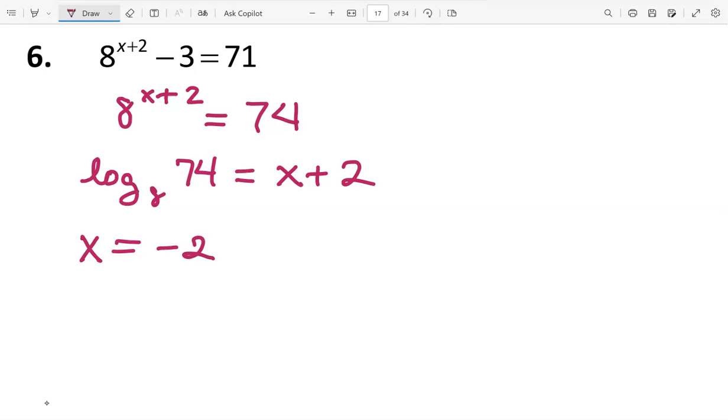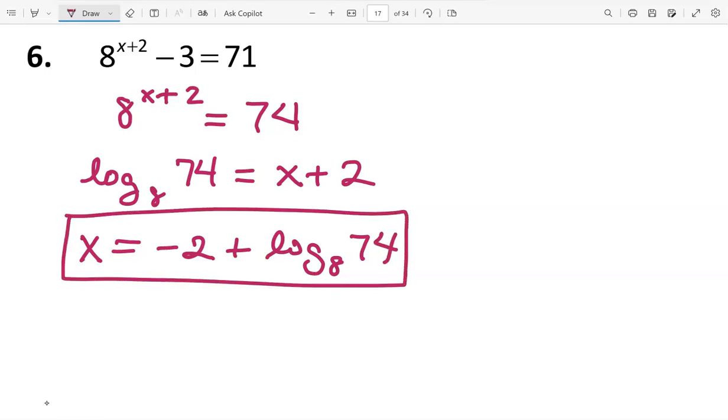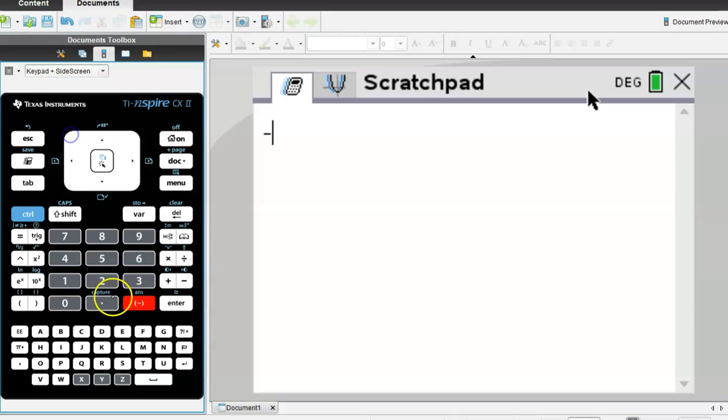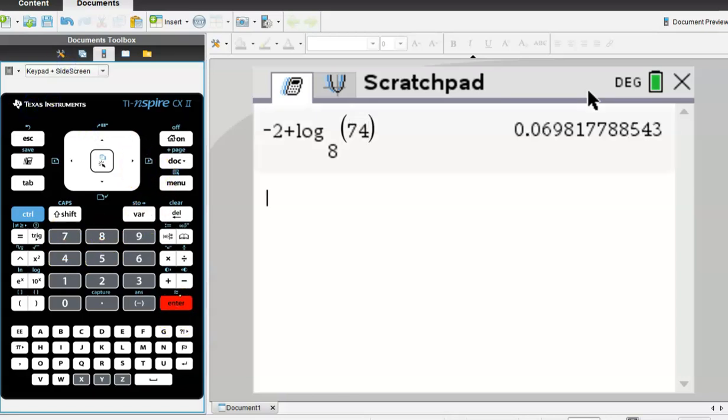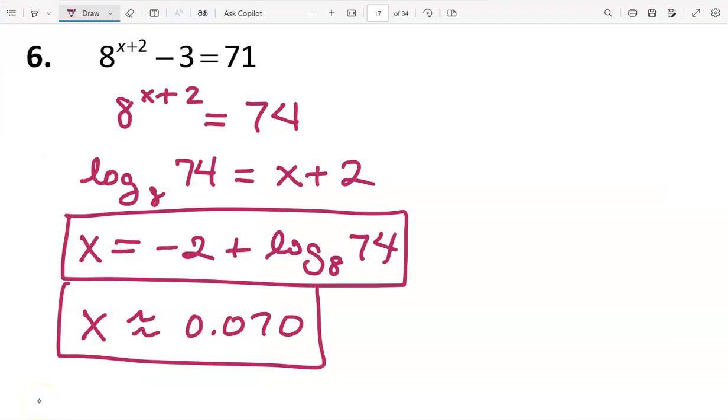Solving for x by adding negative 2 to both sides, we have negative 2 plus the log base 8 of 74 as the calculator-ready or exact form solution. So entering negative 2 plus log base 8 of 74, we get a result of 0.070 as the approximate solution rounded to the nearest thousandth.